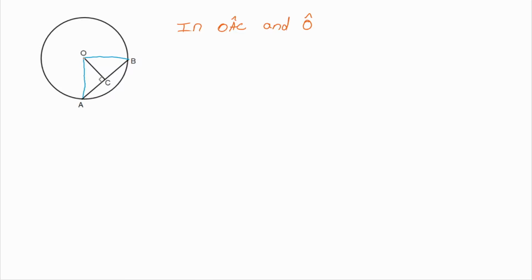So we went OAC, so here we're going to have to go OBC. In triangle OAC and triangle OBC. So in these triangles, what do we have?